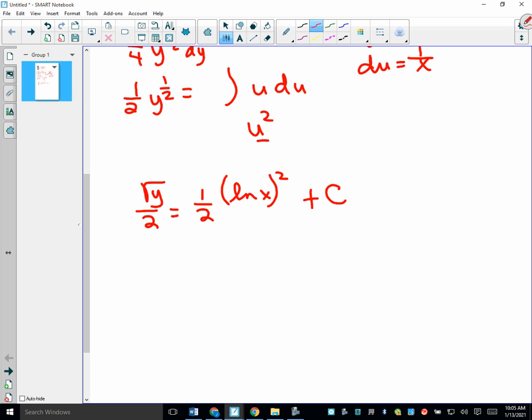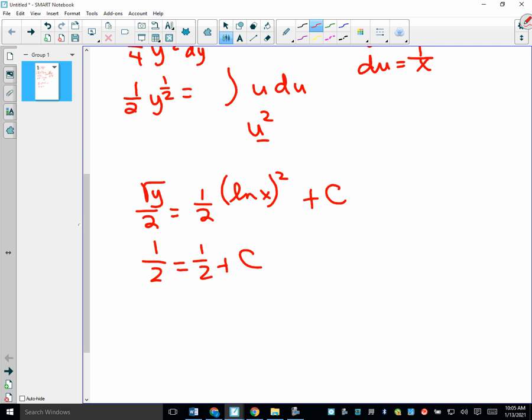So now y is 1, and x is e, right? So 1/2 equals, what's c?